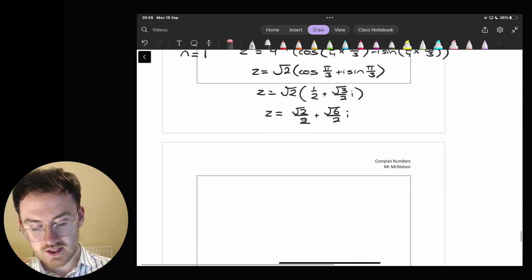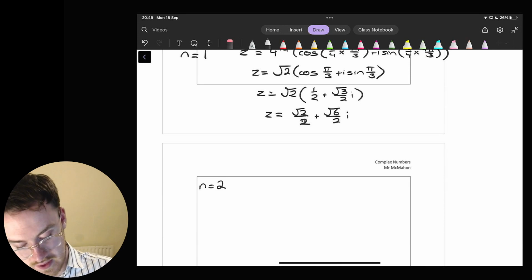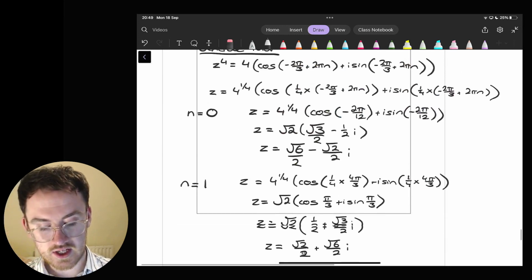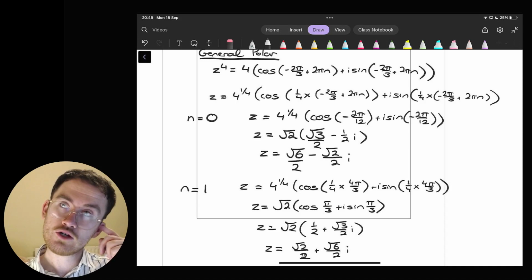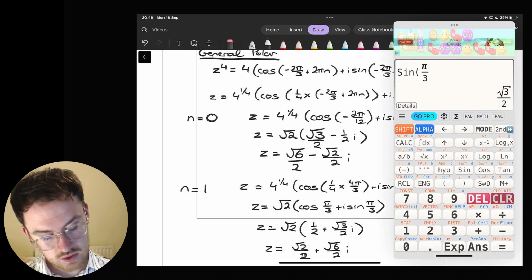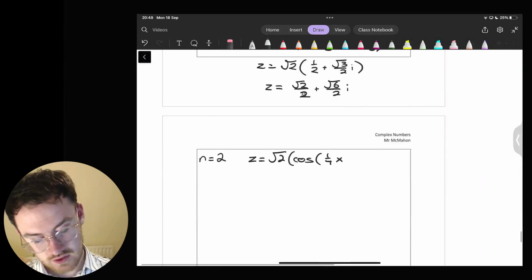Okay, still not finished because we're doing power of 4, so we have to do n is equal to 2 now. Just keeps going. Root 2 cos of a quarter times, well, let's have a look at what we're computing here. So 2 pi by 2 gives you 4 pi. So 4 pi minus 2 over 3. So 4 minus 2 over 3 gives you a value of 10 over 3.